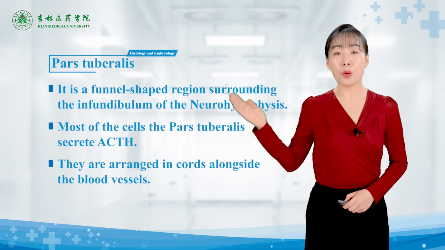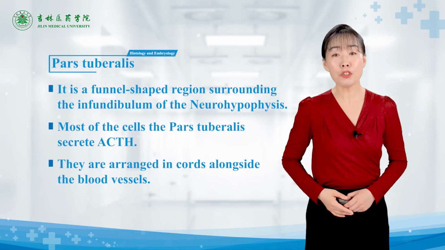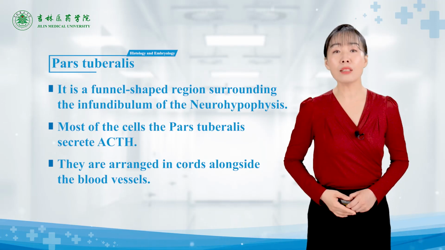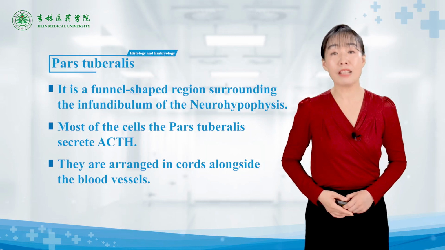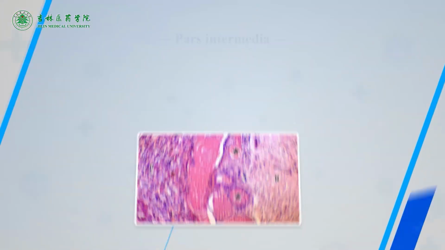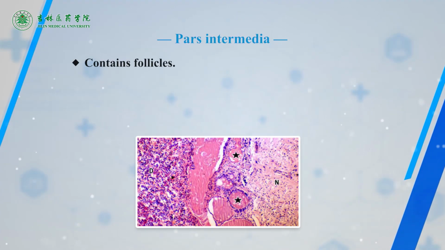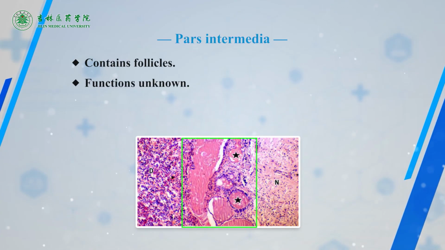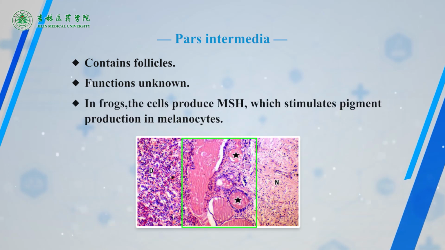Pars tuberalis is a funnel-shaped region surrounding the infundibulum of neurohypophysis. Pars intermedia contains follicles. Function is unknown. In frogs, the cells produce MSH, which stimulates pigment production in melanocytes.